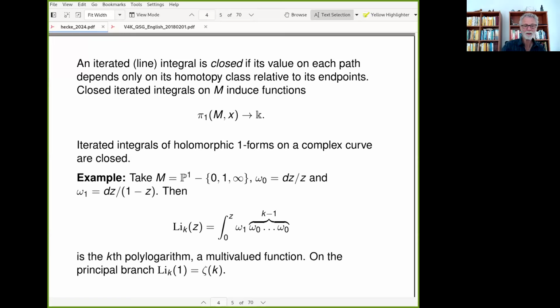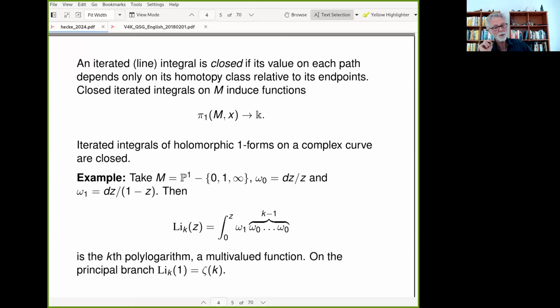A very standard example is to take the manifold to be P1 minus 0, 1, and infinity, and take the two one forms to be omega 0, which is dz over z, and omega 1, dz over 1 minus z. If you integrate from 0 to z, the integral actually converges, even though the integrand omega 0 has a singularity there.